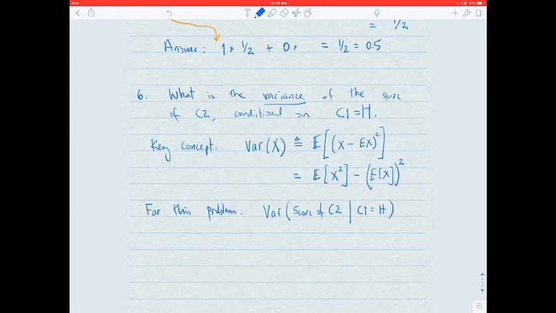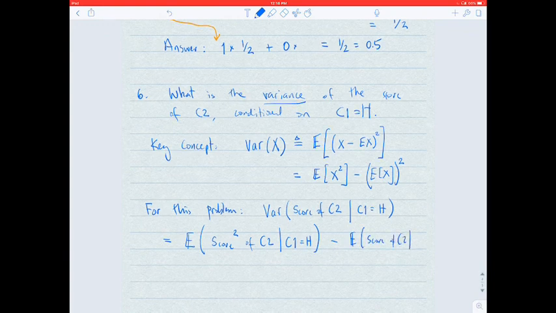So applying this formula, we want to compute the expected value of the score squared of C2, conditioned on C1 equals H, minus the expected value of the score of C2, conditioned on C1 equals heads, all of this squared.